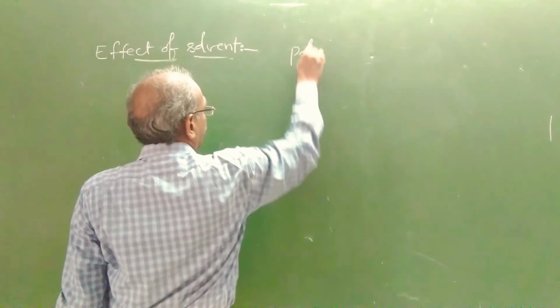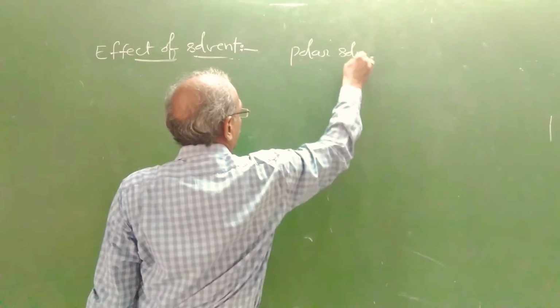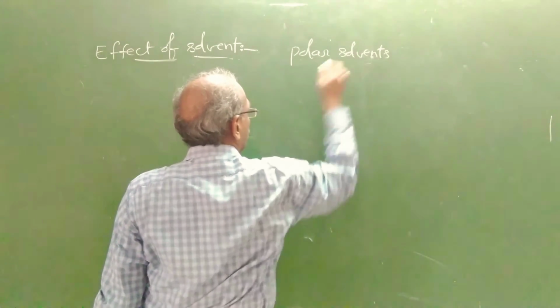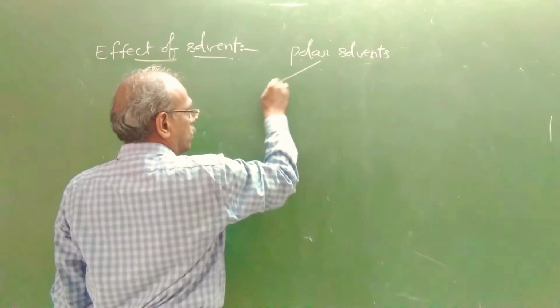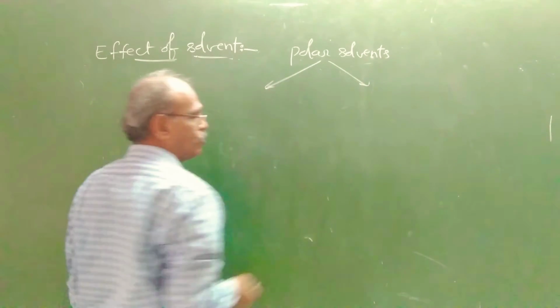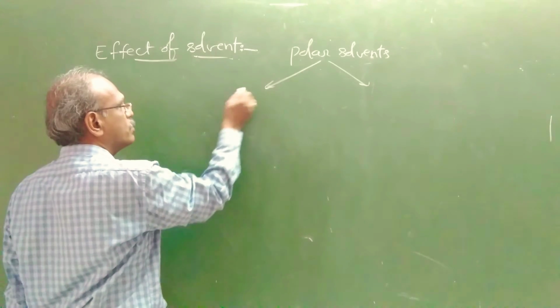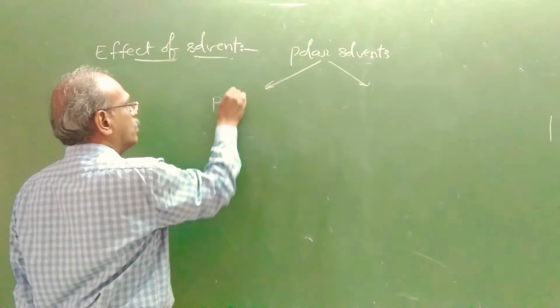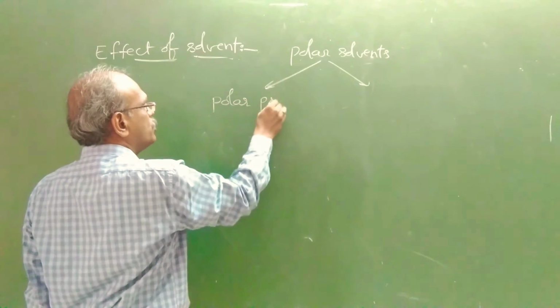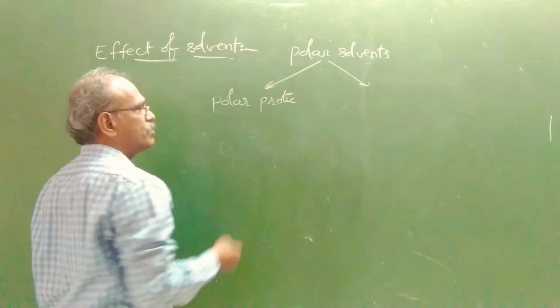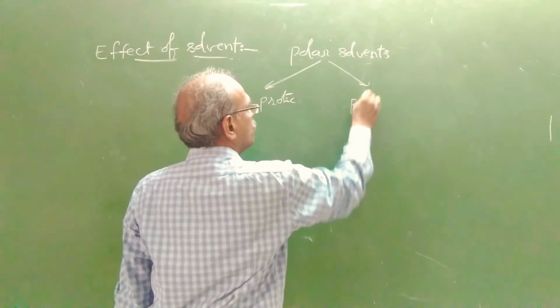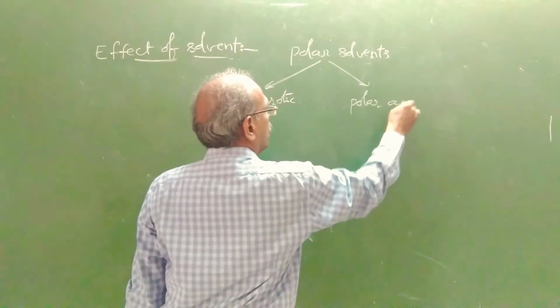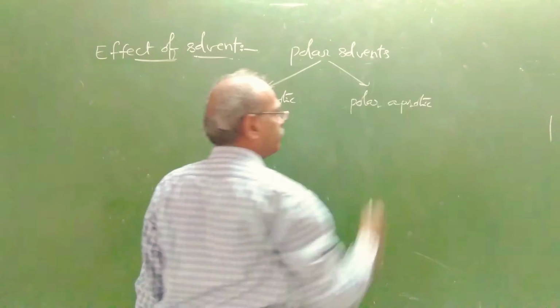See, among polar solvents, first look at the types of polar solvents. Among polar solvents, there are two types. One is polar protic solvents. Another one is polar aprotic solvents.